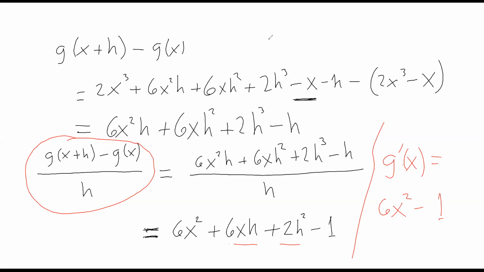If you've seen any calculus, then you may already have known how to find the derivative of 2x cubed minus x, and that it's actually pretty easy to do. But if you take calculus, you're going to be spending some quality time at the beginning days doing the sort of thing we just looked at here, understanding how the difference quotient can be used to find the derivative.